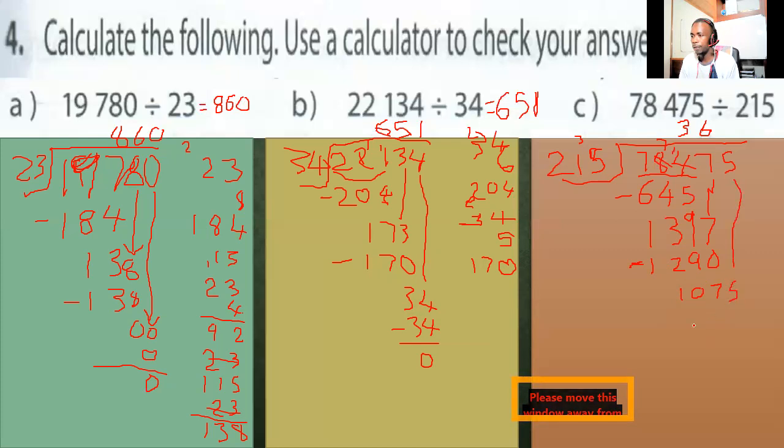Okay, now I want to find out how much do we need to multiply with 215 for us to get 1,075? I'm guessing again, 5. Yes, I'm using 5 here.